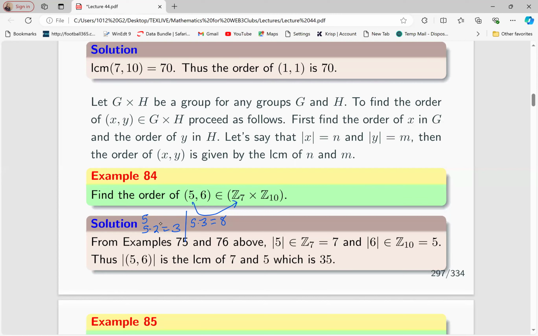But that's not what I did. I didn't do 15 mod 7 to get 8. What I did was I discovered that 5 3 times is the same as 5 2 times plus 5. But 5 2 times, I already have the answer as 3. Then plus 5, that is what I got, 8.